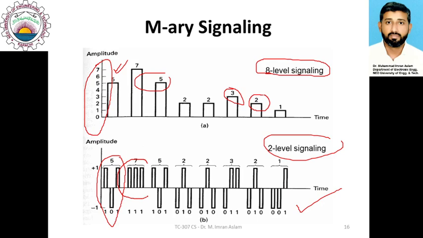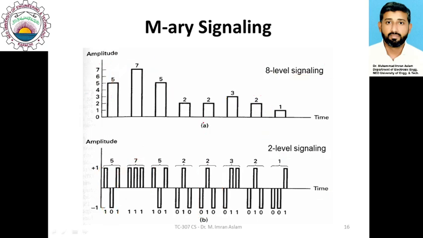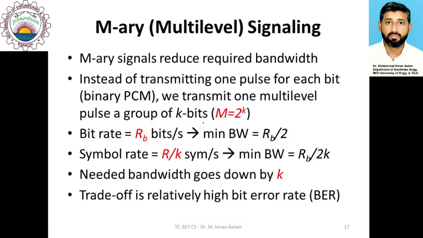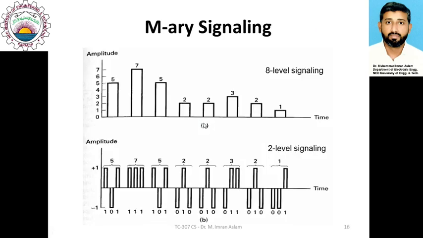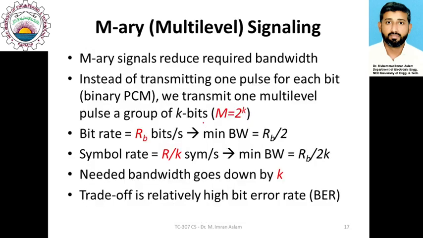Similarly, 7 would be represented like this. Next, 5 would be represented by a pulse, and you can see that the 3 pulses are now replaced by only one pulse with a different amplitude. So this type of modulation is called M-ary coding, M-ary modulation, because we are using more than 2 levels for modulation.